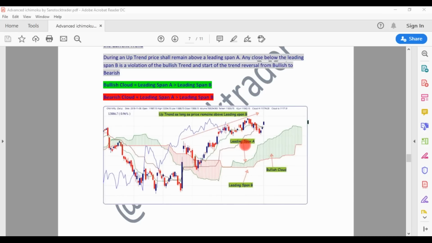So here it is clear span A is greater than span B, so it is called the bullish cloud.